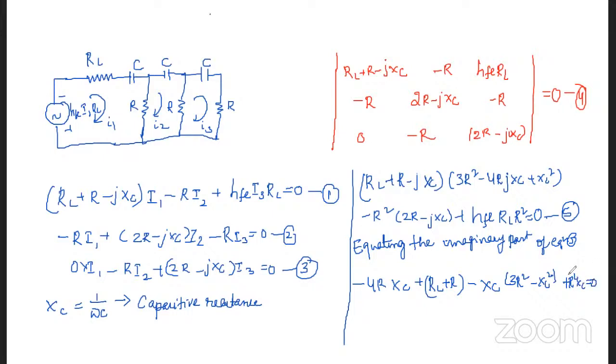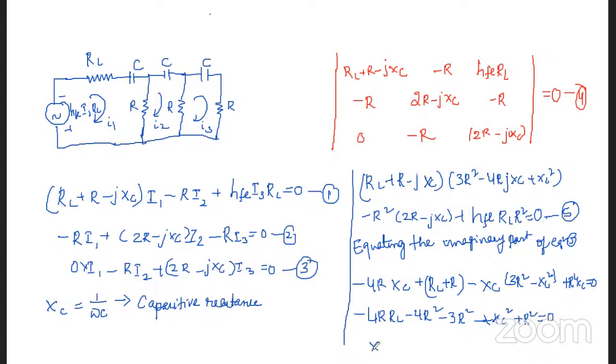Further solving this, we get minus 4R RL, next minus 4R square, minus 3R square plus XC square plus XC square plus R square is equal to 0.